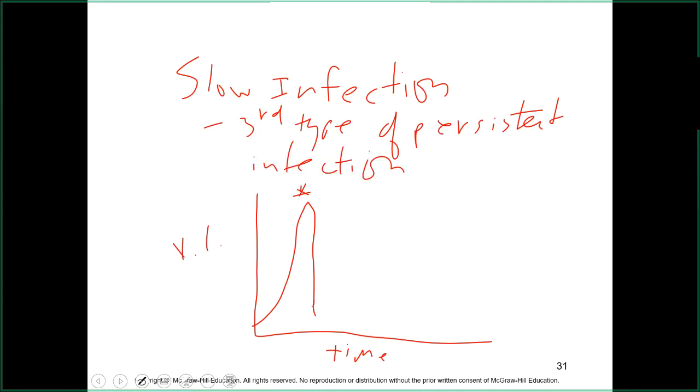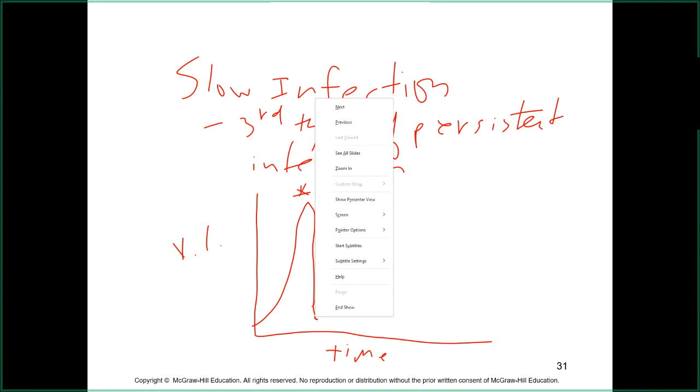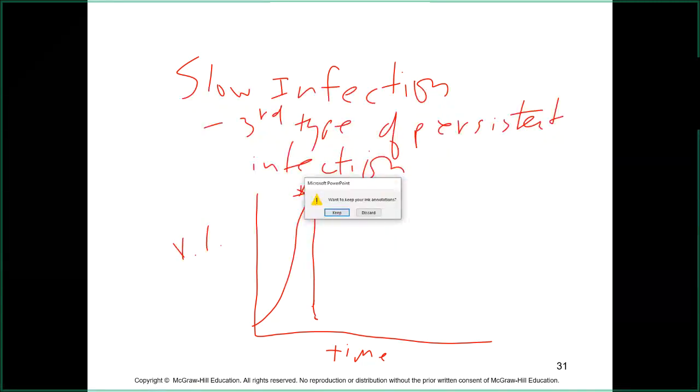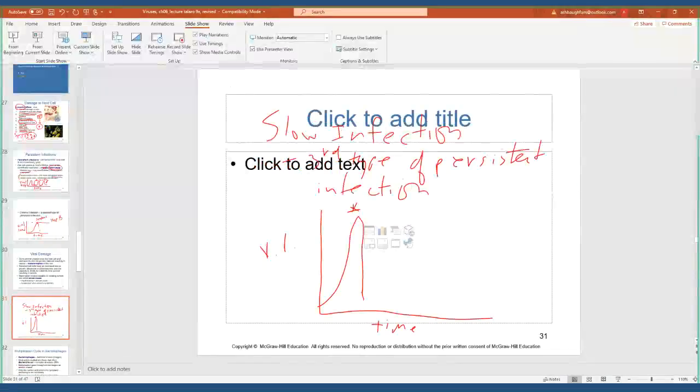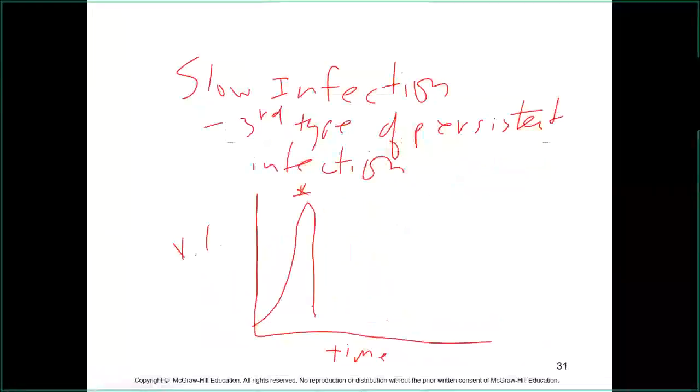You might appear to be totally asymptomatic when it drops back down here, but you still carry the virus. And for a really long time thereafter, or maybe years thereafter, it builds until finally the full slate of symptoms happen. That's called a slow infection.